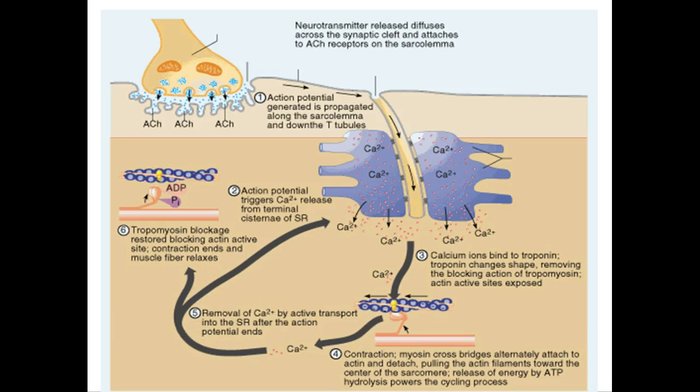Okay, stage 5 there. And then finally, stage 6, the troponin-tropomyosin blockage is restored, blocking the active site, contraction ends, and the muscle fiber relaxes there. Okay, so very quickly, it seems complicated, but if you run through it, it's less complicated than you think.